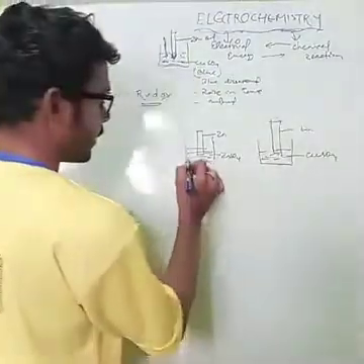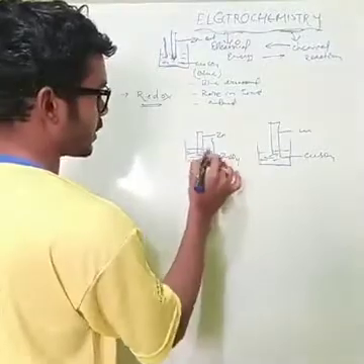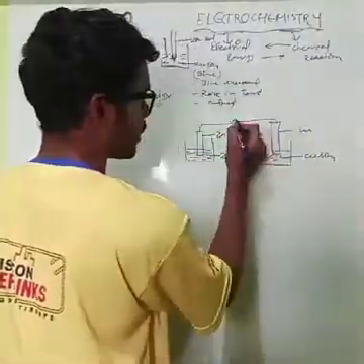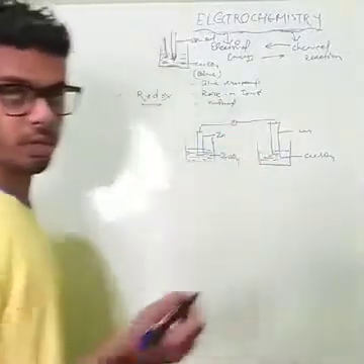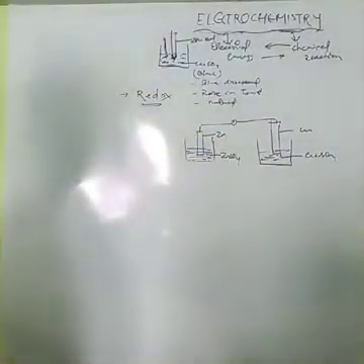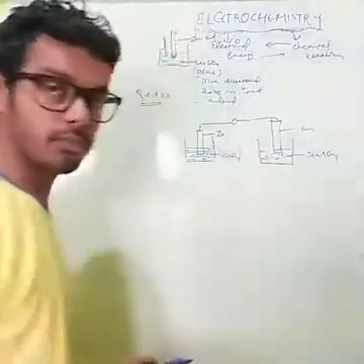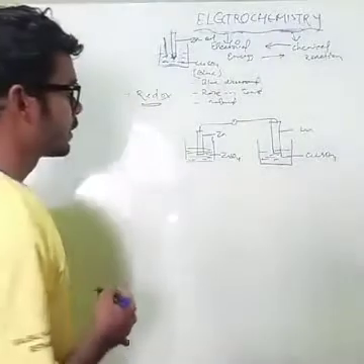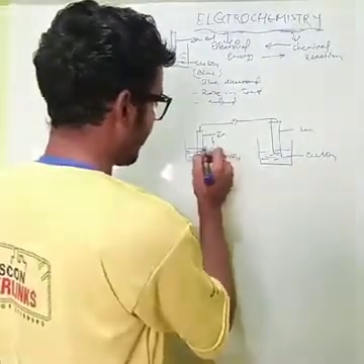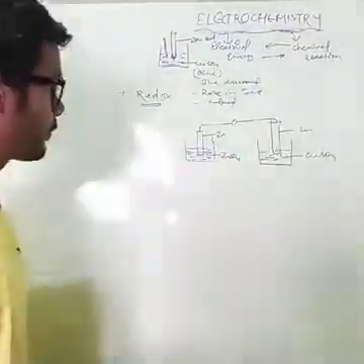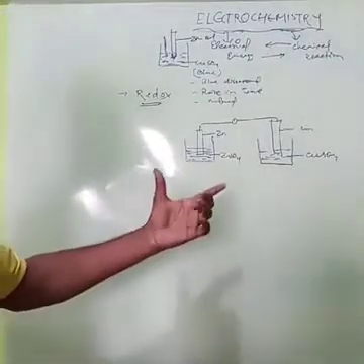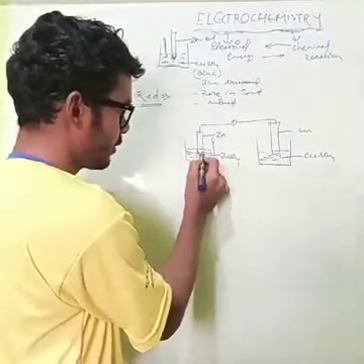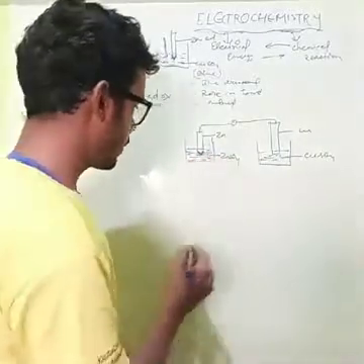Okay, and to detect the flow of electrons, we have connected a galvanometer, a voltmeter, and an ammeter also. Basically this is a galvanic cell. So what did we observe here? Zinc started reducing over here.